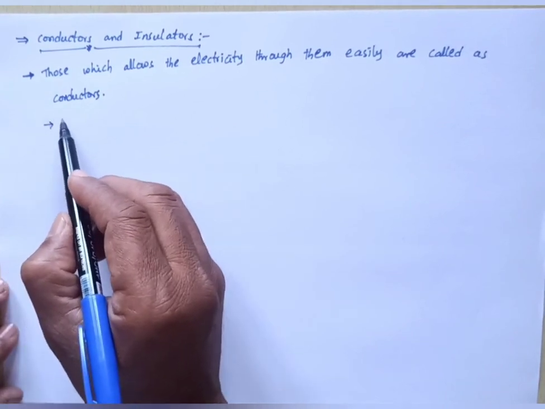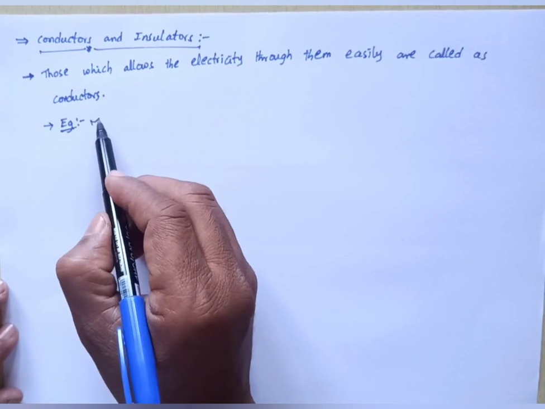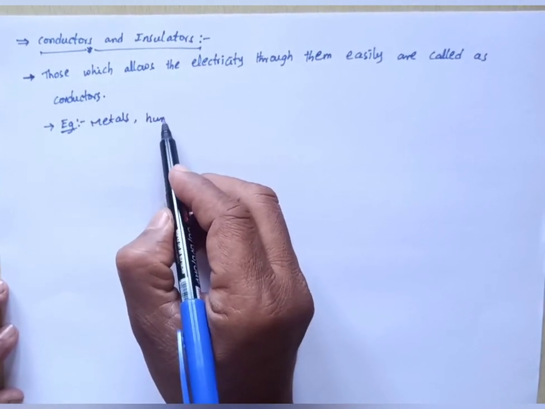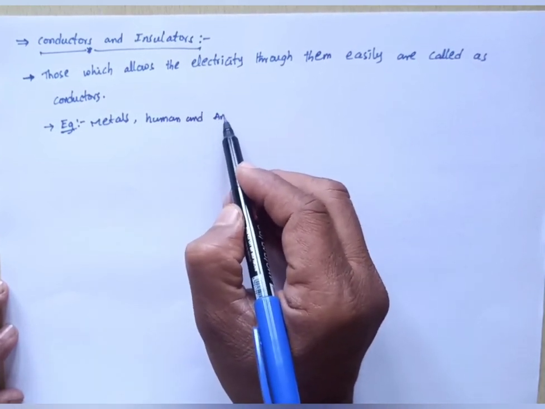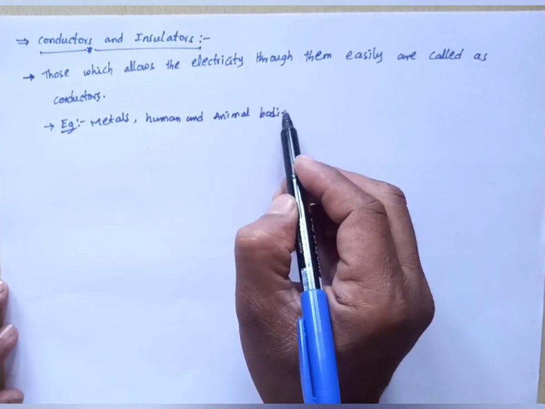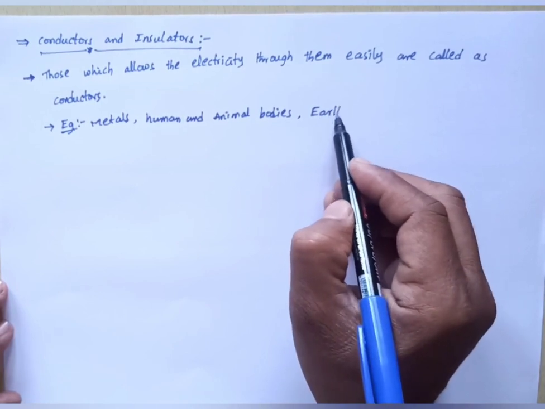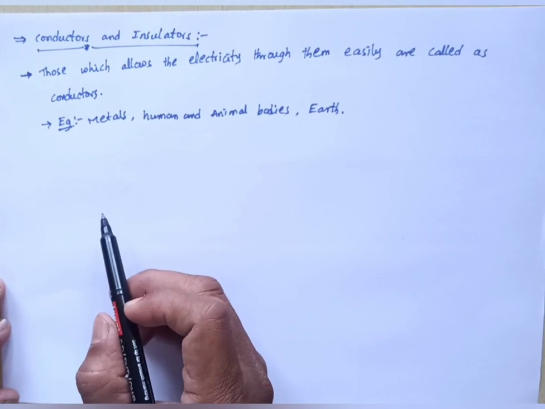So for example, all metals and human and animal bodies, and also the earth, are big conductors of charge.